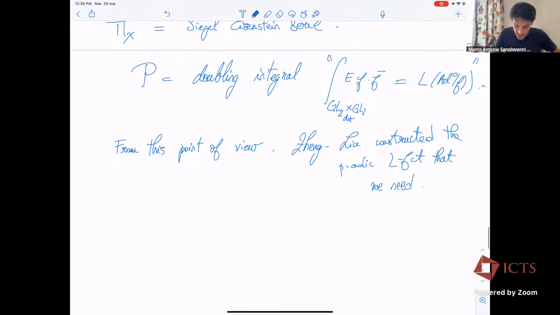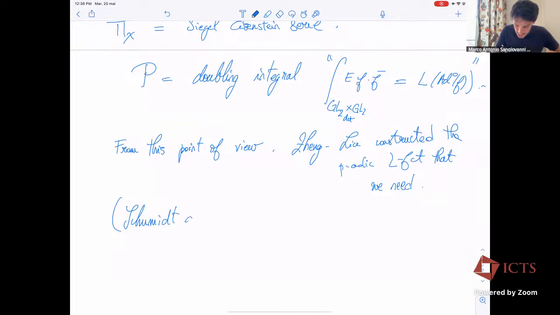Because there is prior work of Schmidt and Hida that constructs sort of the same p-adic L-function, but it's not the formula that we want.